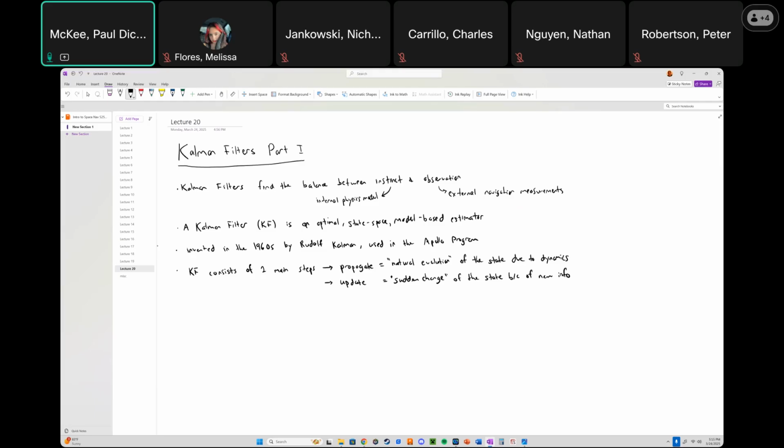So the classic Kalman filter assumes a linear dynamics model and a linear measurement model.